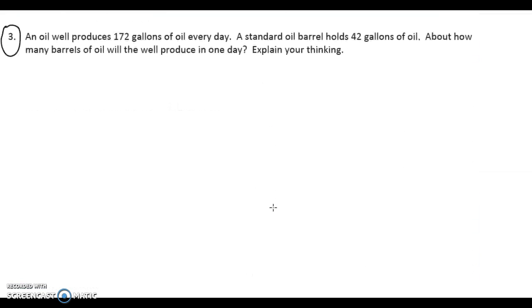For the last one, we're going to take a look here. It says an oil well produces 172 gallons of oil every day. The standard oil barrel holds 42 gallons of oil. About how many barrels of oil will the well produce in a single day? And then it says to explain your thinking. So we can think our facts here. We know that 4 times 4 gets us 16.